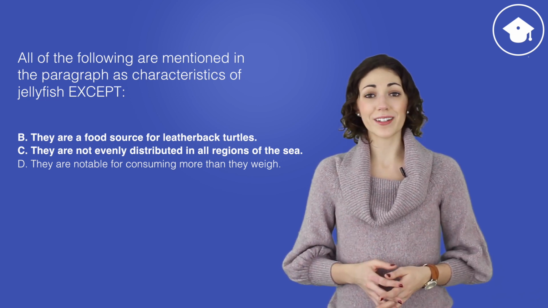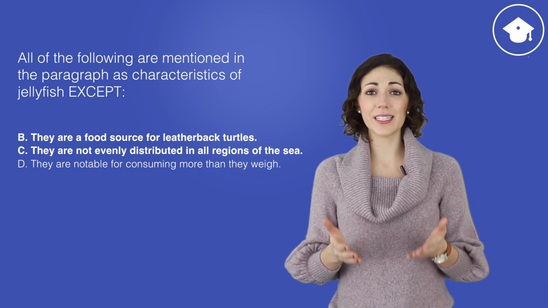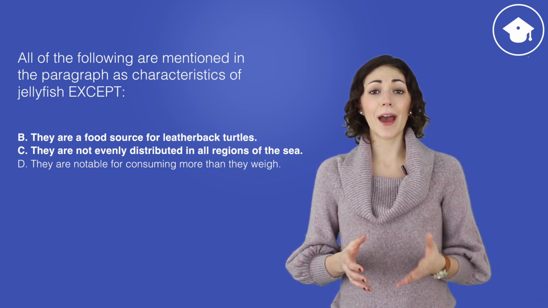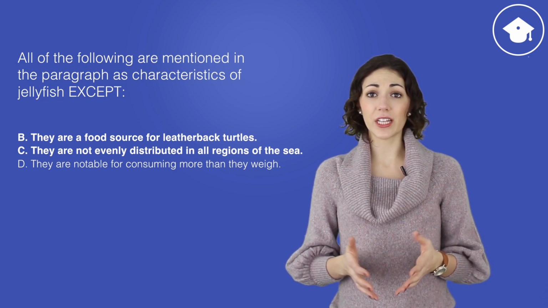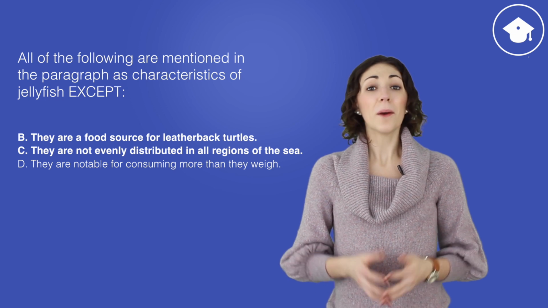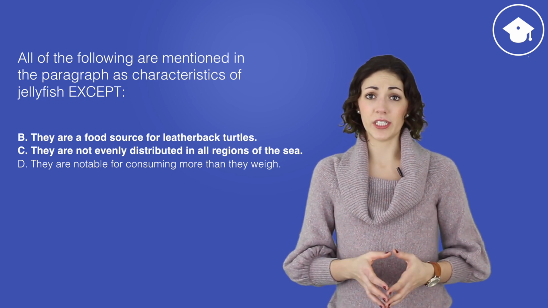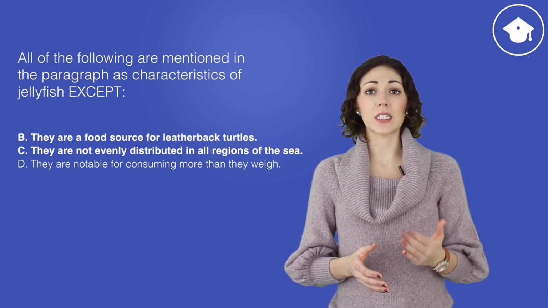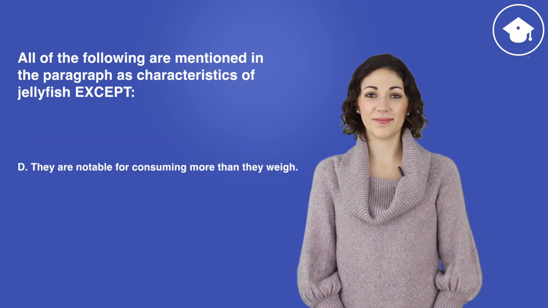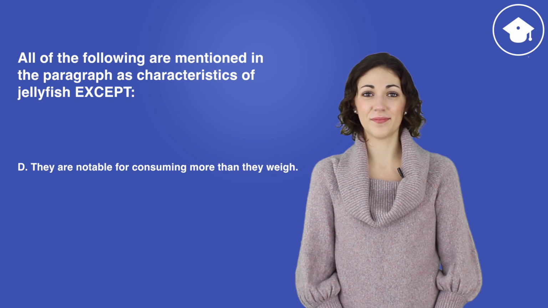Jellyfish are their food source. And choice C is mentioned when the paragraph says, jellyfish are patchily distributed. Patchily is a synonym for not evenly distributed. Because these choices are mentioned in the paragraph, answer choices B and C are not the correct answers.